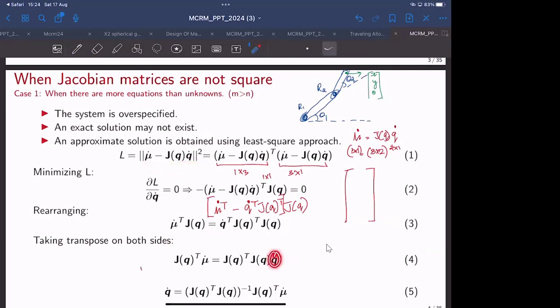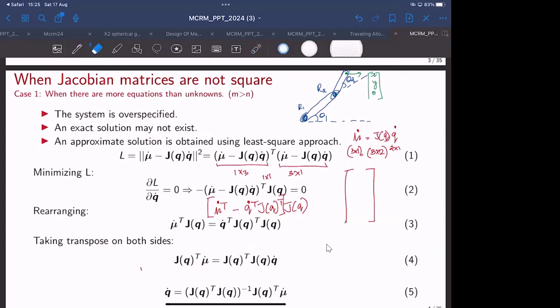Sir, how are we getting equation 5, sir? You have to take this matrix, take its inverse, and pre-multiply that to this side. Right? So if I take this part, what will be the inverse of this part? That will be J of q transpose J of q, the whole inverse.